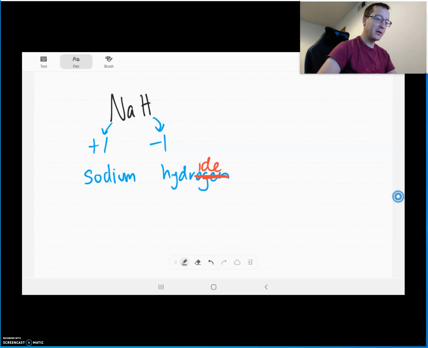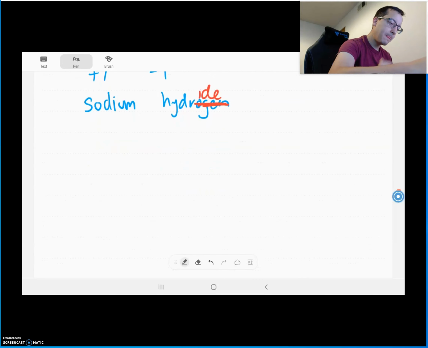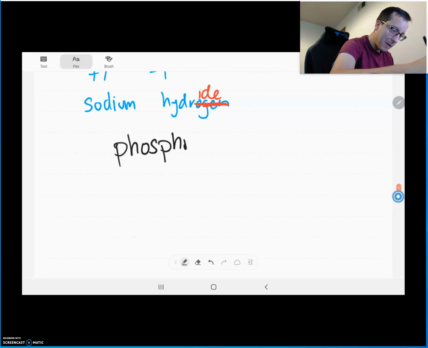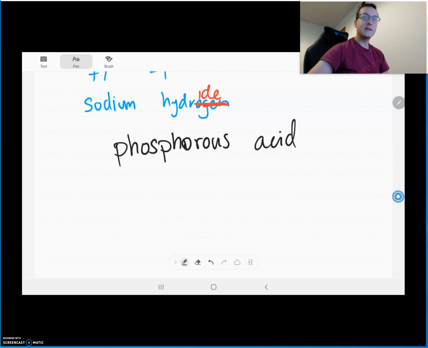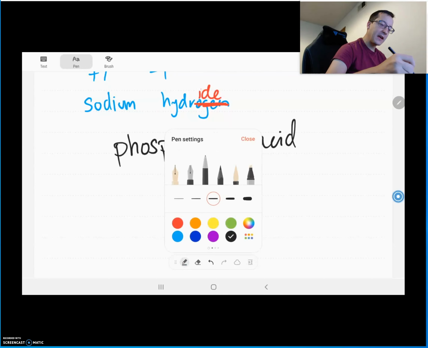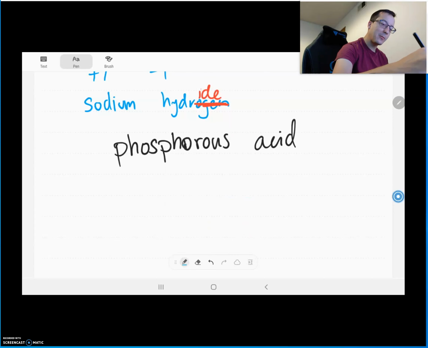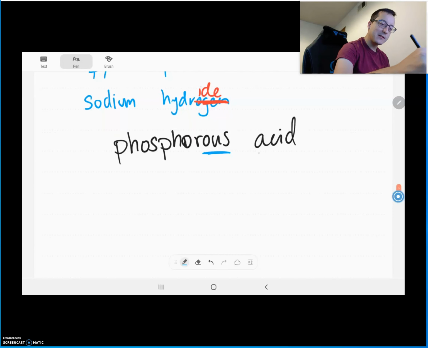Okay, so if we look at the phosphorus acid example, when we're given the name, we want to look at what the last bits are.